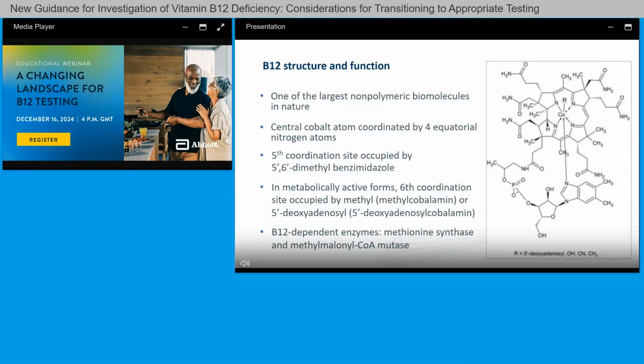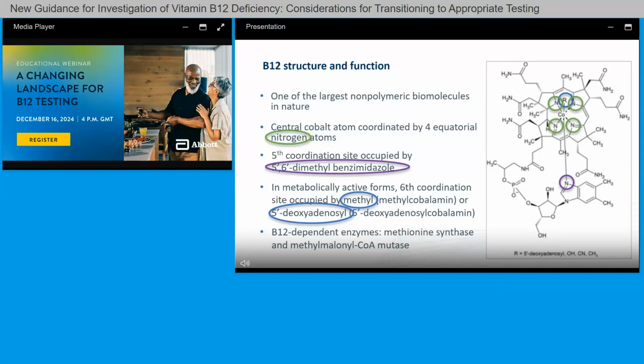The cobalt atom is held in place by 4 equatorial nitrogen atoms. The 5th coordination site is the same for all the vitamin B12 molecules, but it's the 6th coordination site that confers metabolic utility. If there is a methyl group, this is known as methylcobalamin, and this is indicated in the figure by the R group.